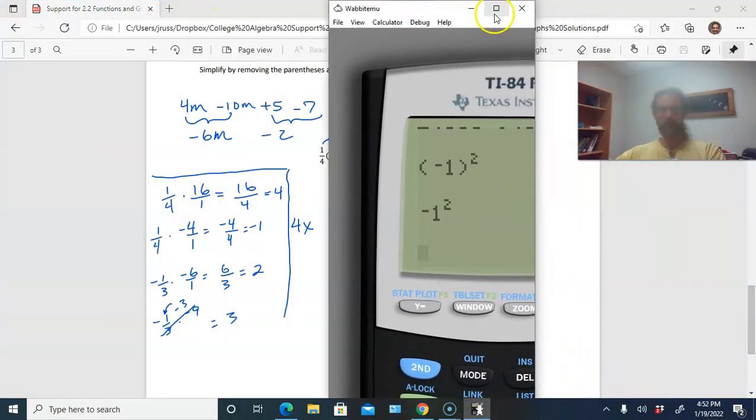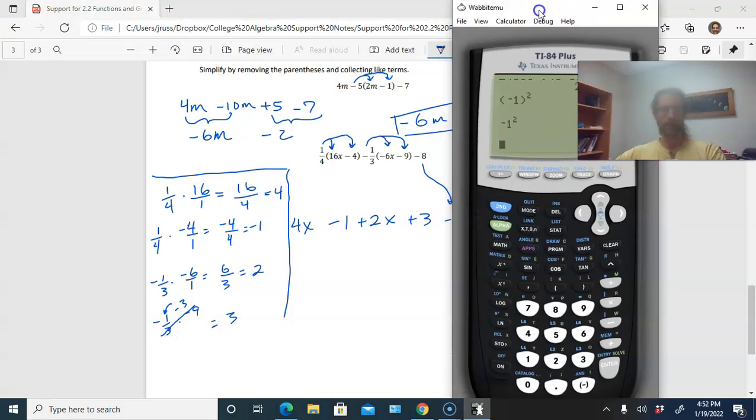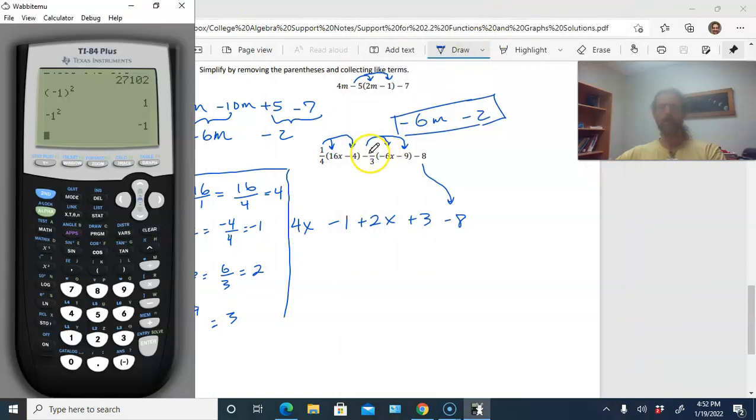Okay, let's check that last one. We had negative 1/3 times negative 6. We got 2x. There's another way you can use the calculator. You can hit alpha and then the y equals key. And it'll allow you to put in the fraction in fraction form instead of a division problem. So this n and d here represent numerator over denominator.